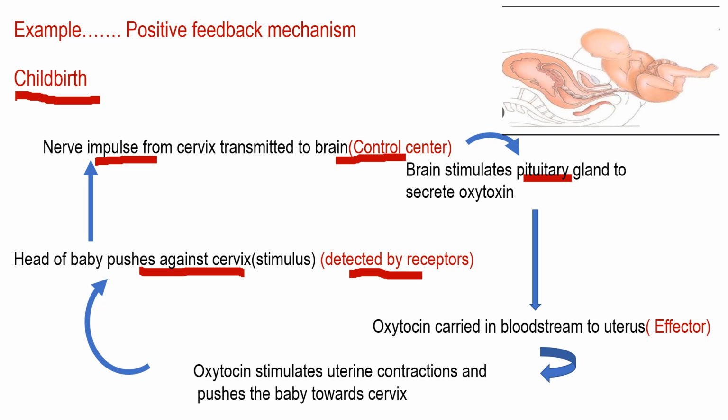The uterus, that is the effector, gets this hormone by blood circulation. The main function of this hormone is to stimulate uterine contraction. In this way, it further pushes the baby towards the cervix. So the initial response is amplified or increased to maintain homeostasis in the mother's and newborn's body.